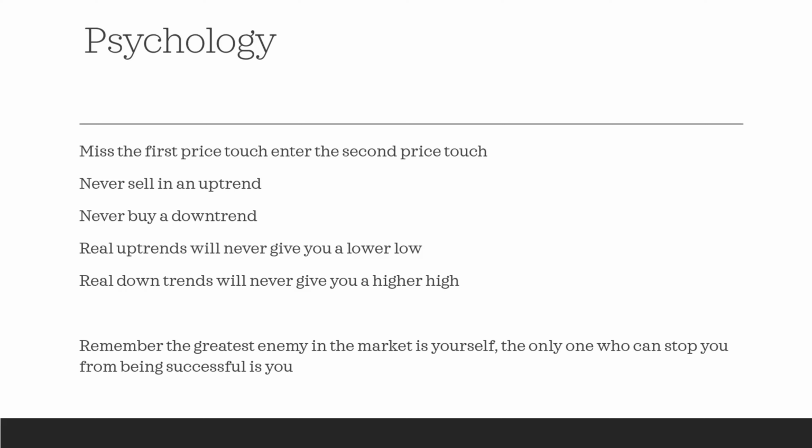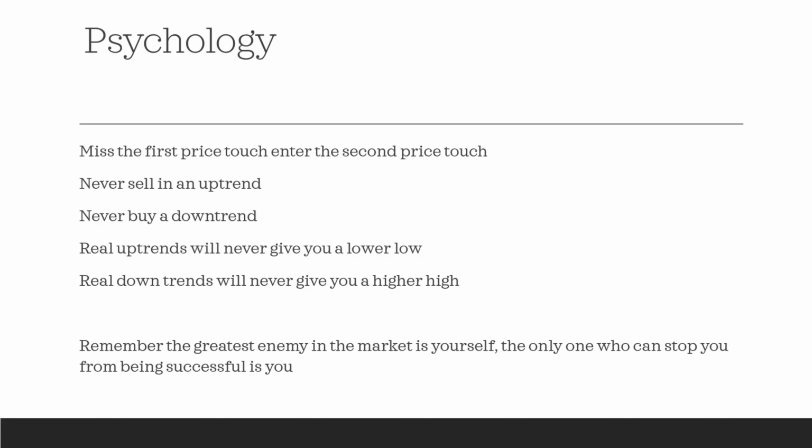There's really no reason for me to be selling it other than I wanted to try to get in at a better buying price. I wanted it to touch my demand zone one more time, and the market just didn't want to go for it. But that's a part of the game, guys. We have to go where the market wants to go. We can't force the market to do anything, but that's just the way that I feel.